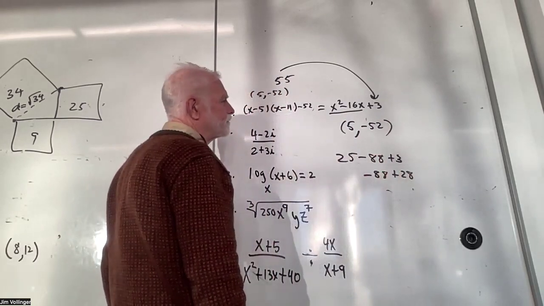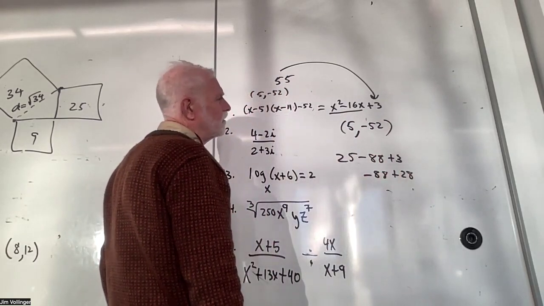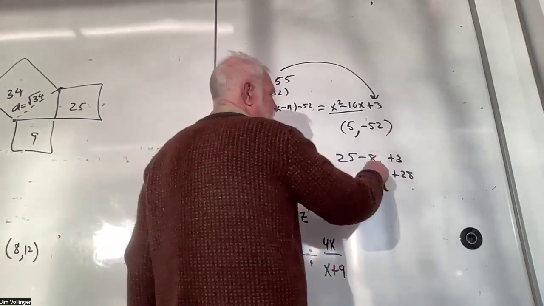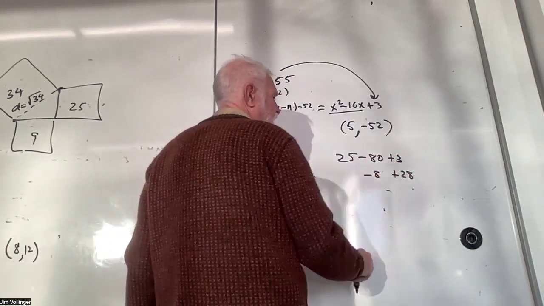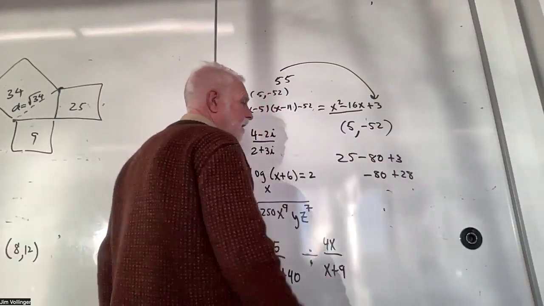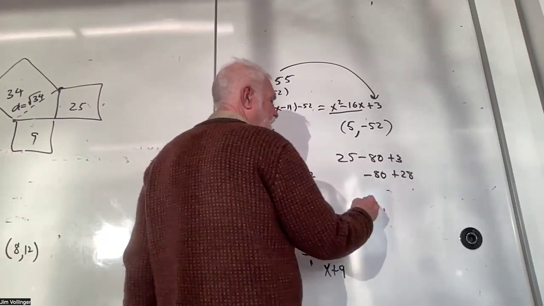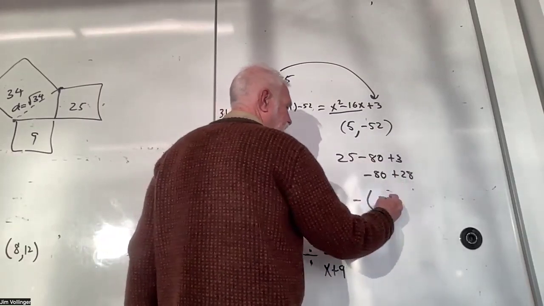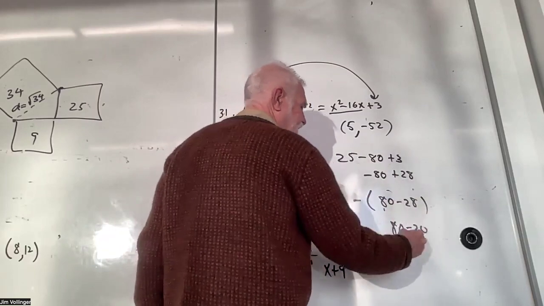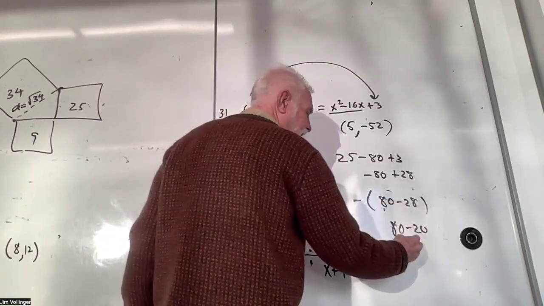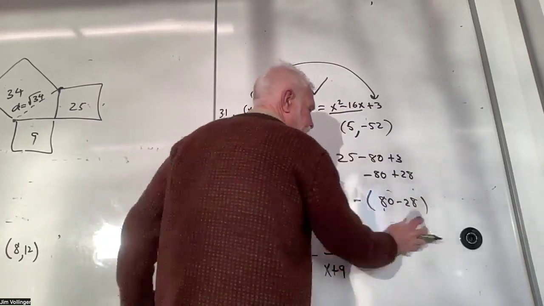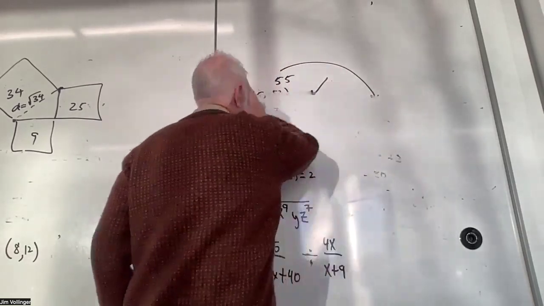Maybe I did. Minus 52, 5 times 16, minus 80. Oh, I wrote 88. Okay, that was bad on my part. Said the right thing, wrote the wrong thing. All right, so minus 80 plus 28 is the opposite of 80 minus 28. 80 minus 20 is 60. Take another 8 away. I think we're okay to move on.